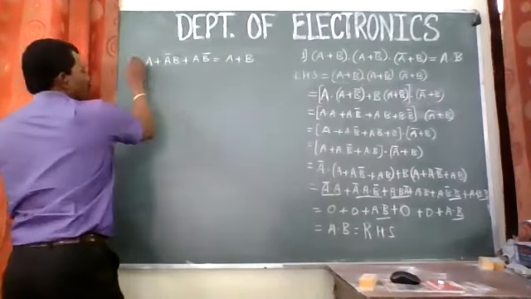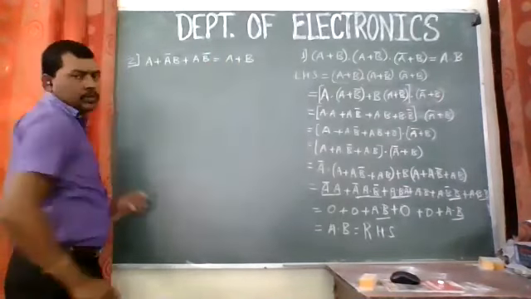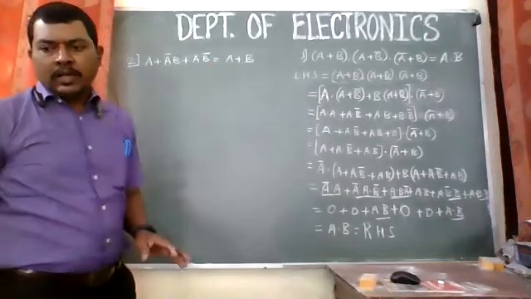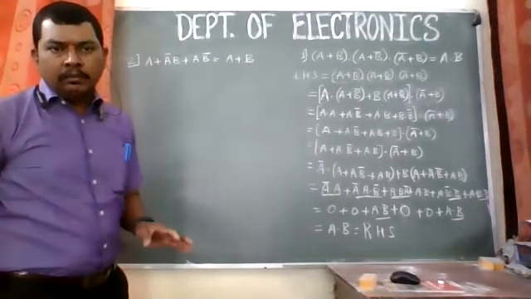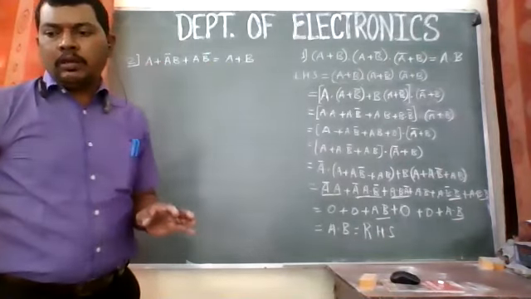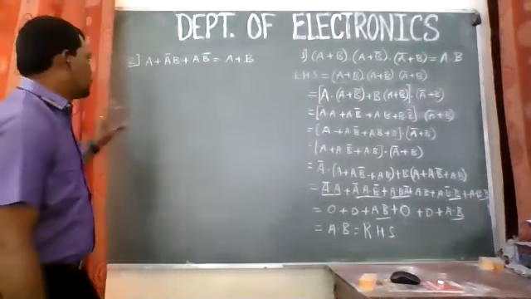This is what is to be proved, equation number 2. So a plus a bar b plus a b bar is equal to a plus b. This is what we are expecting to prove.